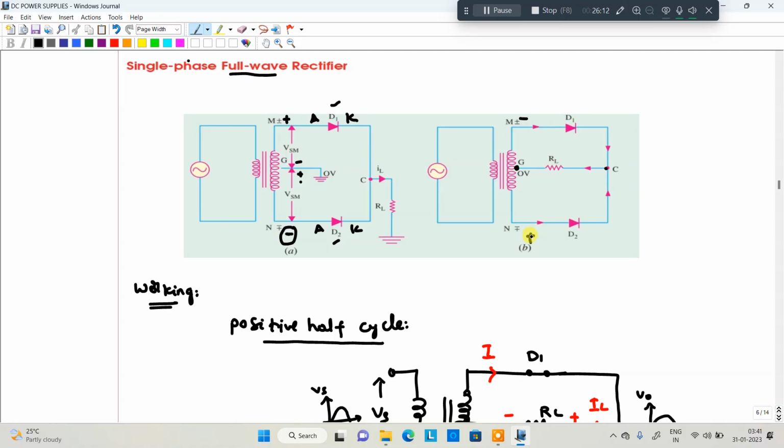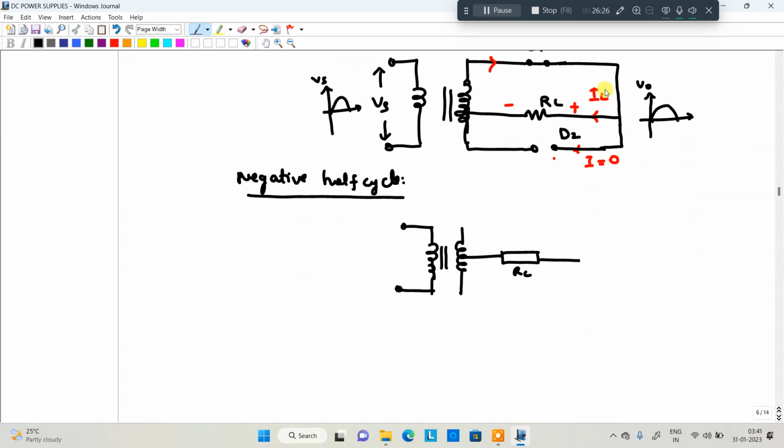In the negative half cycle, this negative terminal is connected to the anode of D1, and this positive terminal is connected to the anode in the lower part of the figure. That means D2 is forward biased and D1 is reverse biased. D1 reverse biased means it is open circuited. D2 forward biased means it is an on switch.